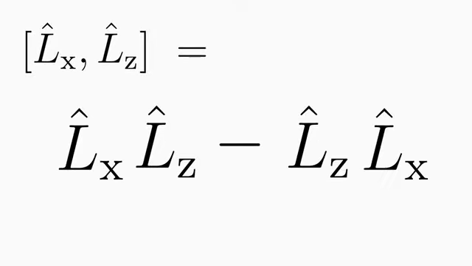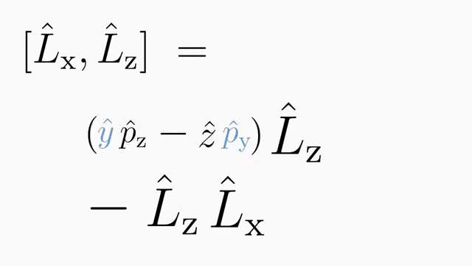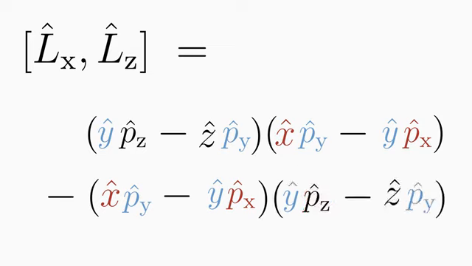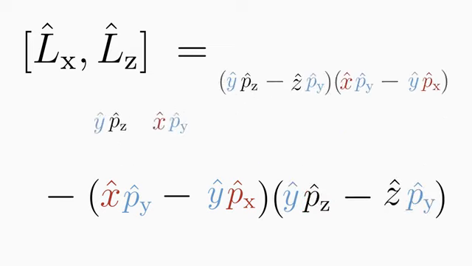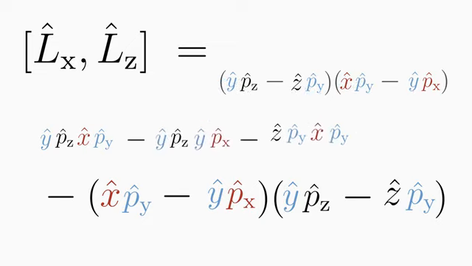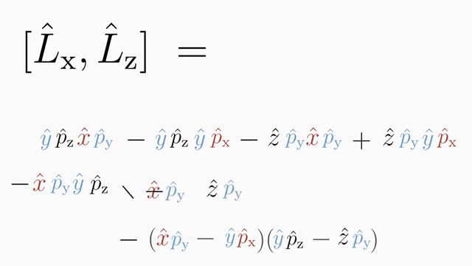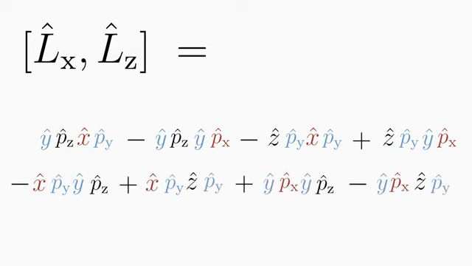First, we use the definition of the commutator and insert the determined expressions for the angular momentum operators. Let's multiply out the brackets. Then we swap the operators so that some terms cancel out.